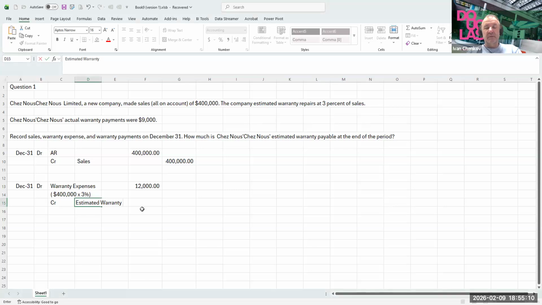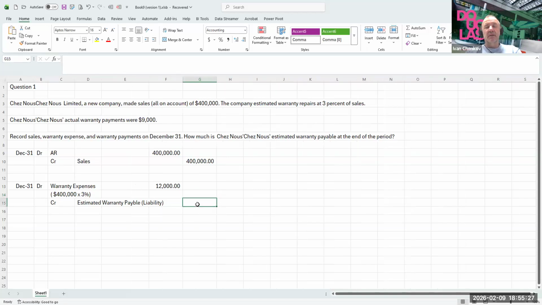Either you can see it as payable, or you can see it as liability. But since it's payable, automatically it means that the account is a liability account. There's nothing hidden here, and that will be for the same amount, 12,000.